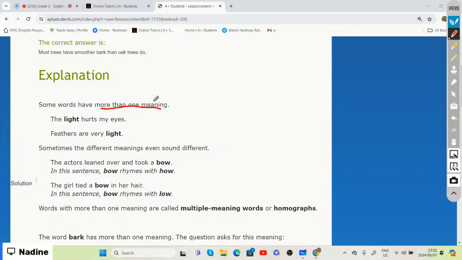It gives us an idea that we have one word, but it means different things. And that is why we call them multiple meaning words, or another word for multiple meaning words is homographs. So some of the words have more than one meaning, and sometimes the different meanings even sound different.